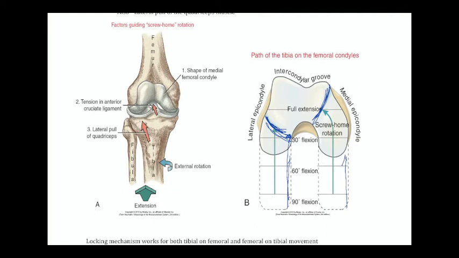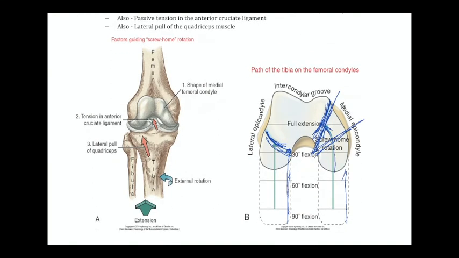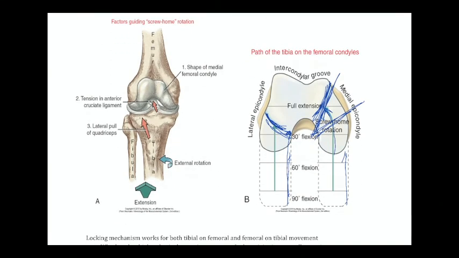But you have this extra degree of forward motion that is going to allow the femur to lock in place. So that is the screw home mechanism.